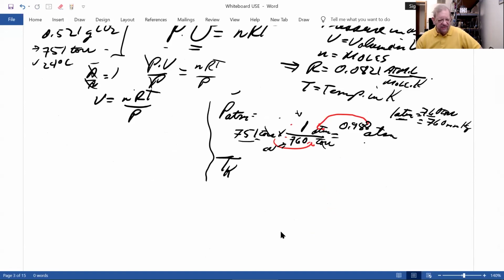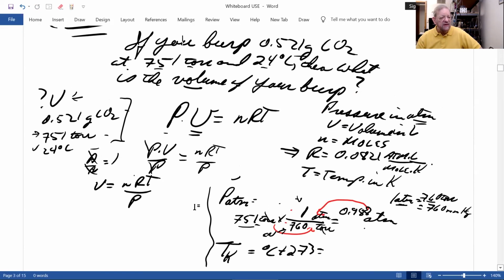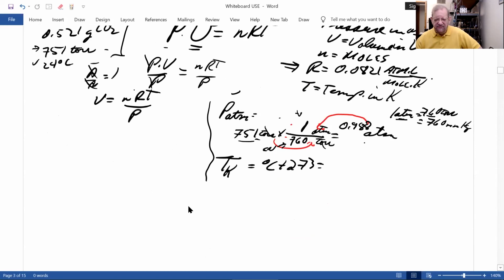in Kelvin, which is equal to degrees C plus 273 equals, what's my temperature in Celsius? 24.